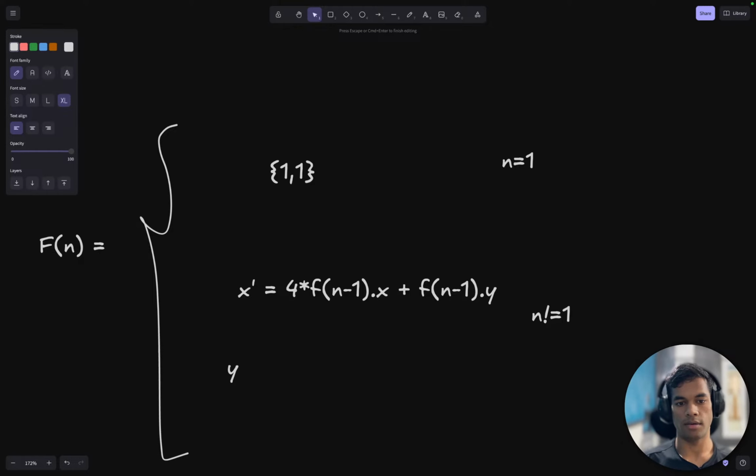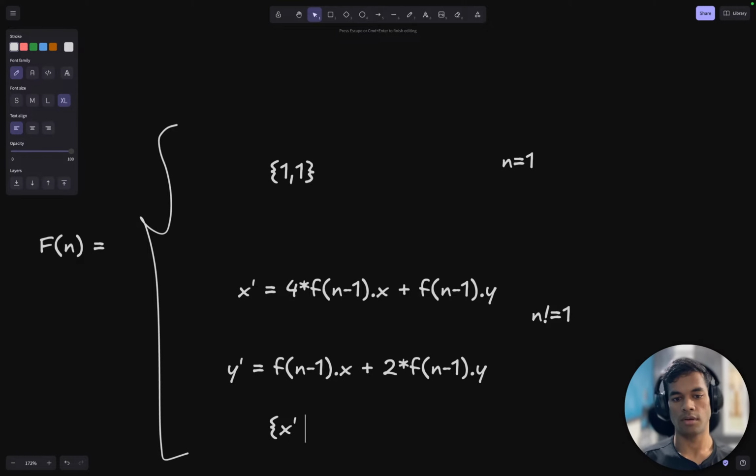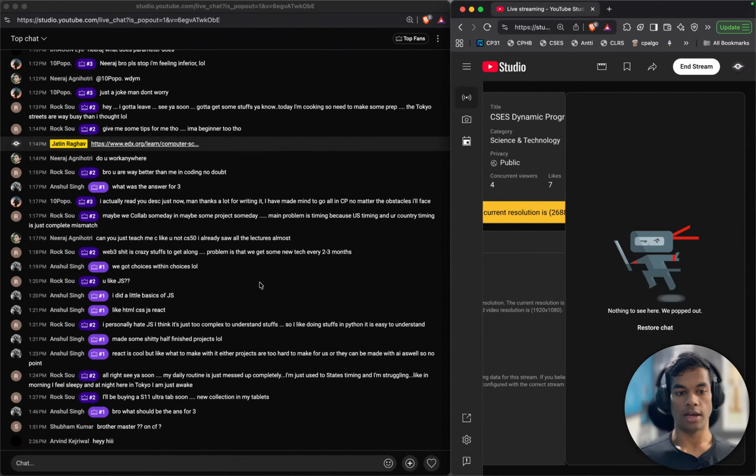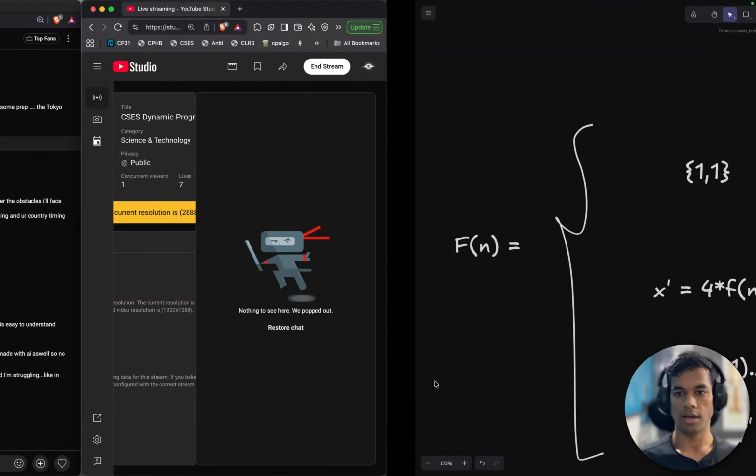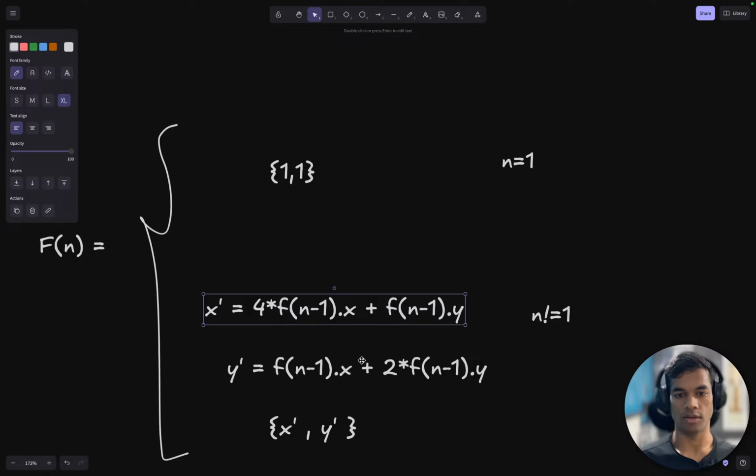Y dash is going to be f(n minus 1).x plus 2 times f(n minus 1).y, and then return x dash comma y dash. I think that is right, and hopefully this works.